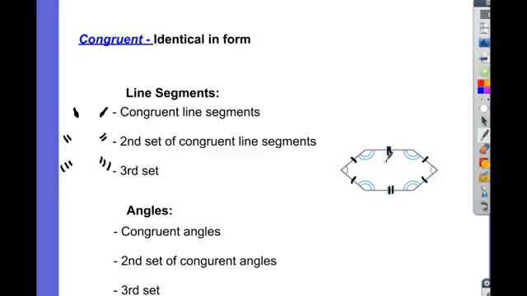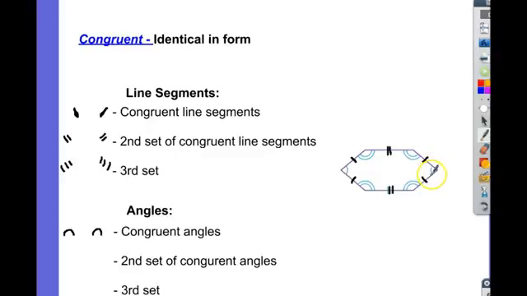Now, talking about angles. The angle, remember, is the inside curve of the vertices. When I have congruent angles, I'm going to mark the curve with these little marks right here, if you can see those. So right here I have 2 congruent angles.